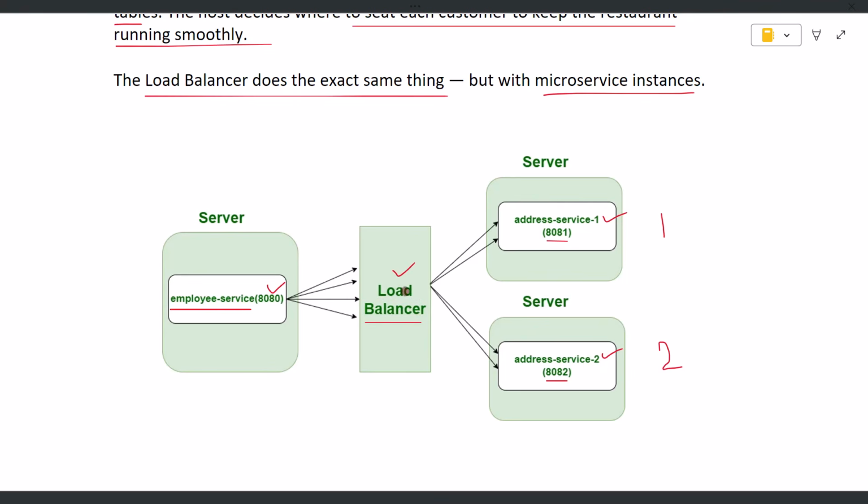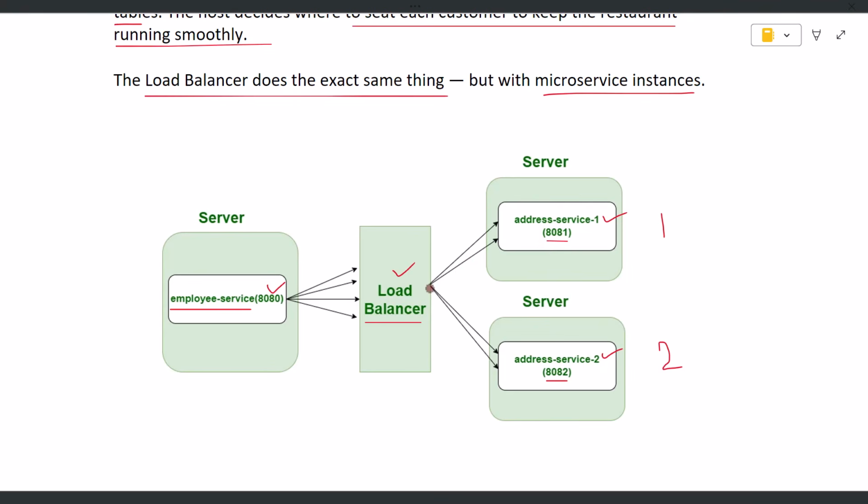The load balancer then decides, should this request go to address service 1 on port 8081 or address service 2 on port 8082? It makes this decision intelligently. It checks which instance is currently free, which one is responding faster, and which one is healthy. This way, traffic never piles onto a single instance while the other sits idle.